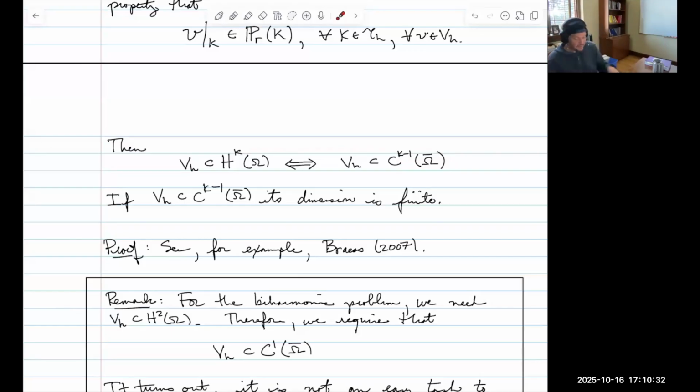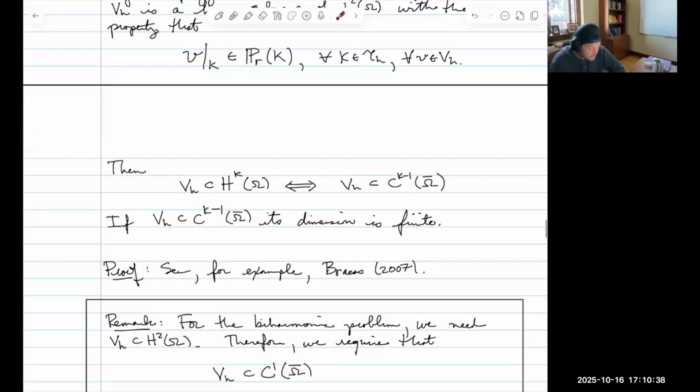So that means if I want an HK function, I need this. So I already know that restricted to each triangle, I have a very nice function. In fact, it's a C infinity function. But globally, all that I know about that function is that it's HK if and only if VH is globally a C^(K-1) function over the closure of omega.